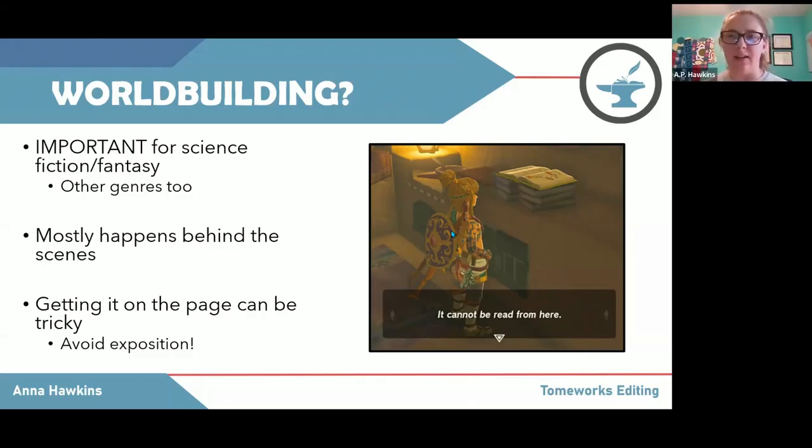Yeah, sometimes the world building informs the story. It really depends on what you're writing. For me, sometimes the world building comes first, but sometimes the plot comes first. It really depends on the particular story.